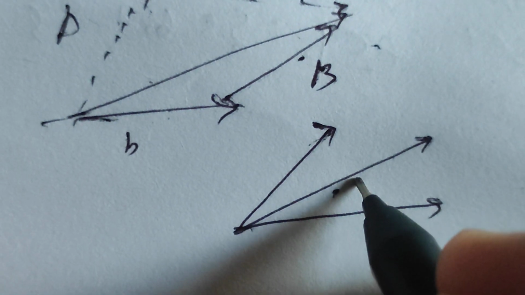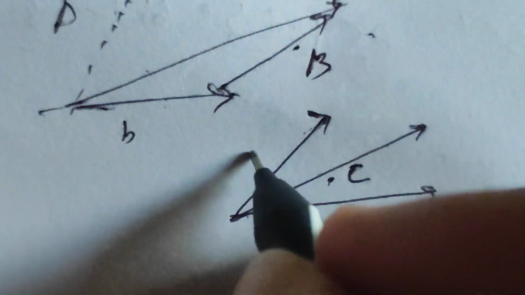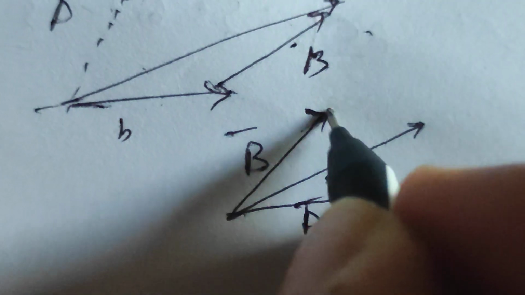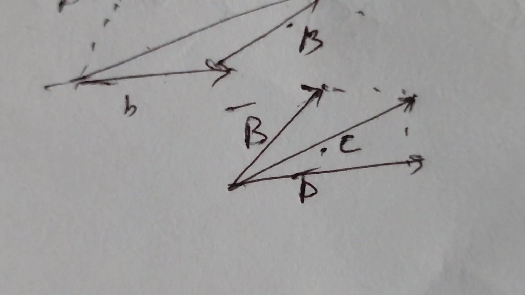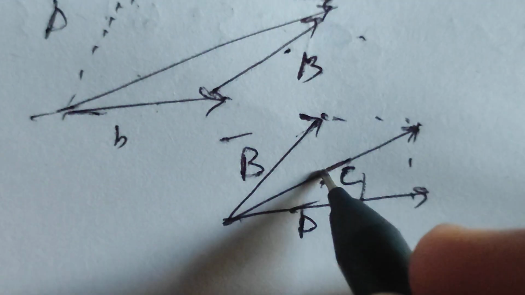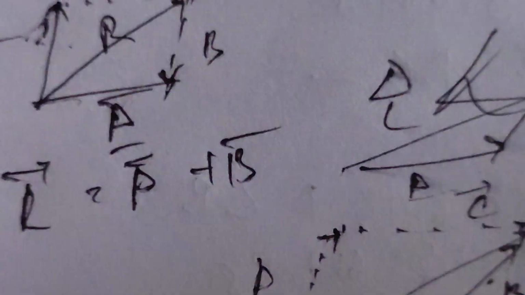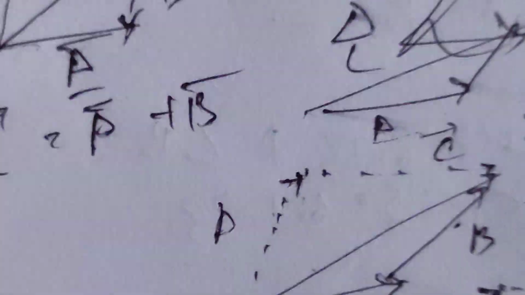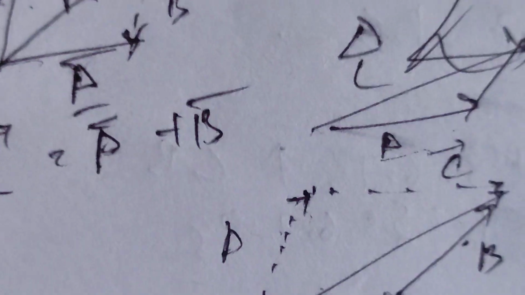In this case this is B, this is A, our shifted vector. This is nothing, it is a modified version of the triangle law.